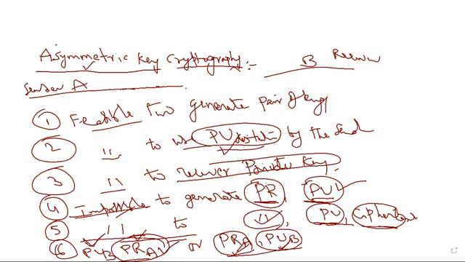Whatever the order, the sender uses double encryption for providing both authentication and confidentiality. So this is about public key cryptography, essential steps, and different scenarios and requirements, right?